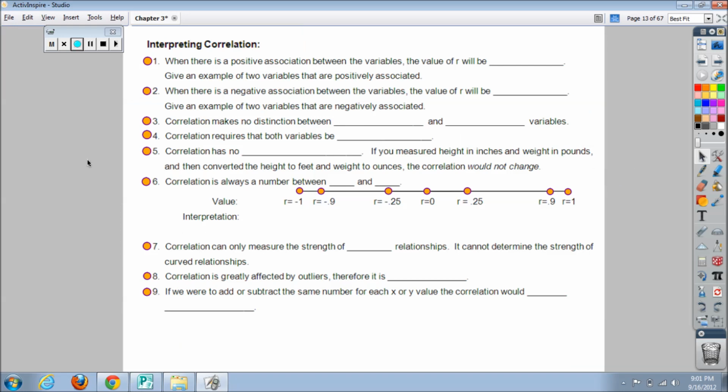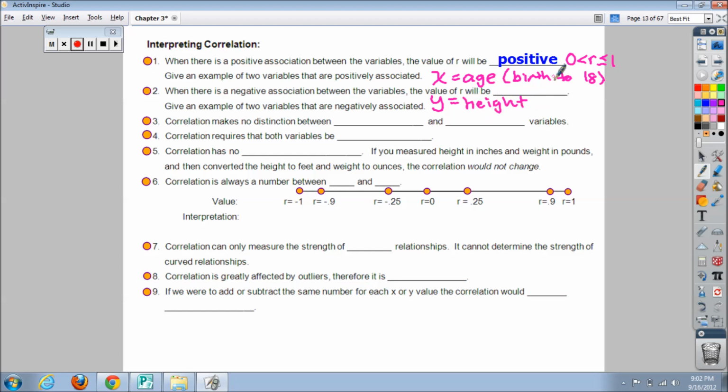All right, interpreting correlation. When there is a positive association between our variables, the value of r will be positive. It'll be greater than 0 but less than or equal to 1. An example of two variables that are positively associated: one example I could think of would be where x represents age, from birth to age 18, and your y variables will be height.